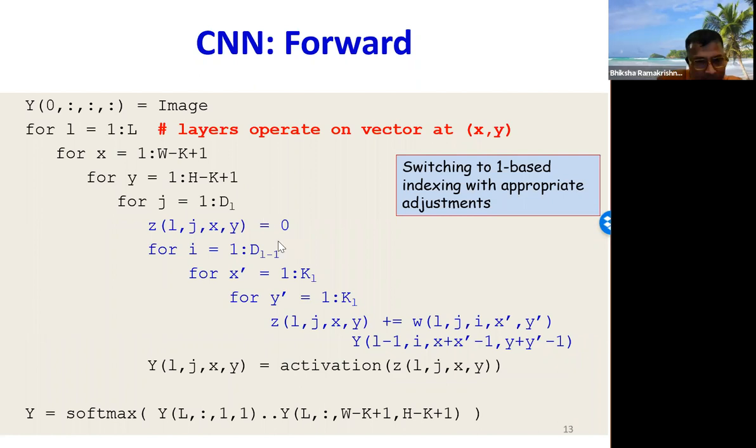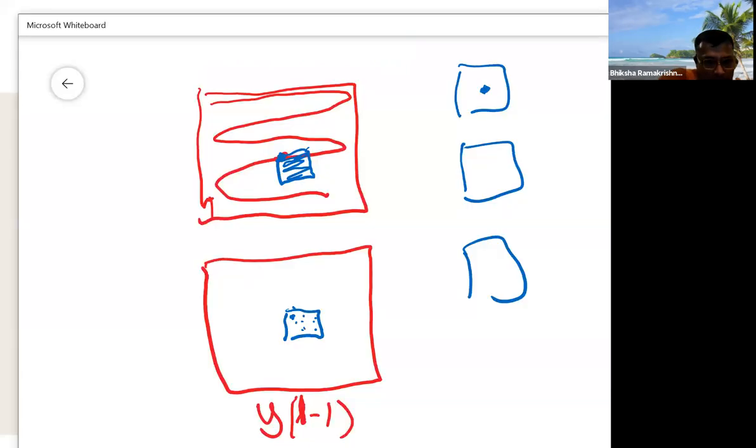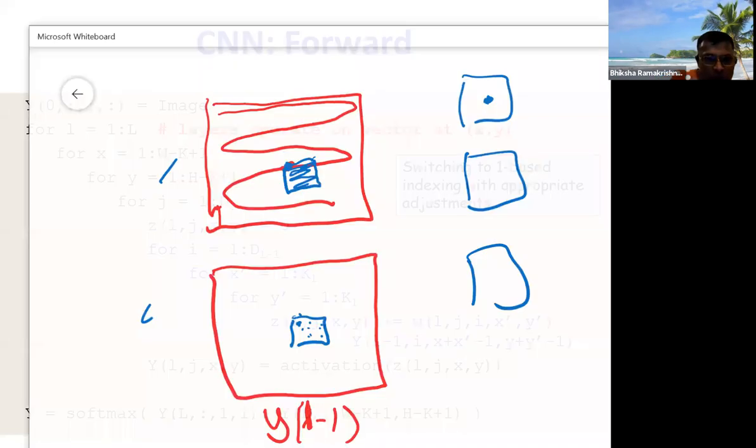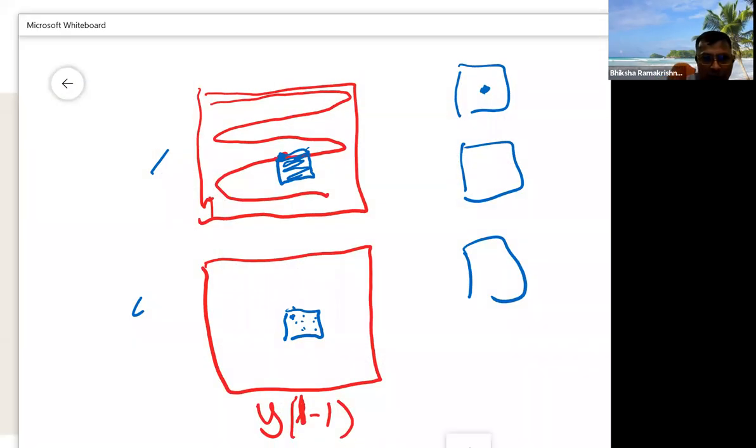This loop here, the DL minus 1 loop, this I loop, is actually going over these maps. And for X prime and Y prime, these X prime and Y prime loops are just going over this little region within the filters for these maps.